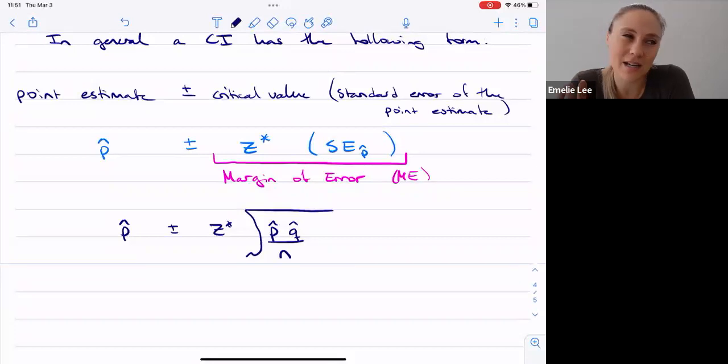So before we do an example, there's a, and I shouldn't say a formula, there's a prescribed interpretation of any confidence interval. Okay, so when we interpret a confidence interval, we're going to have to emphasize that we're trying to capture the population proportion in this case, right? Or whatever parameter we're talking about.